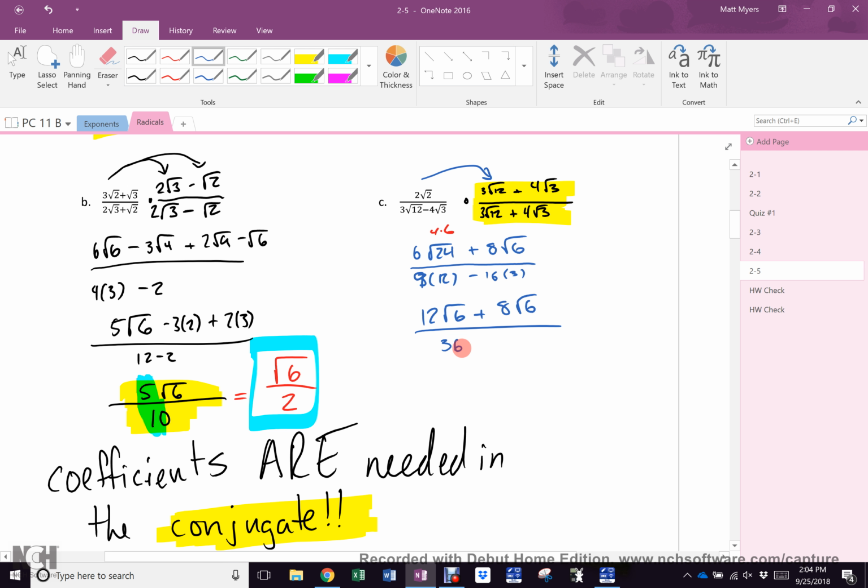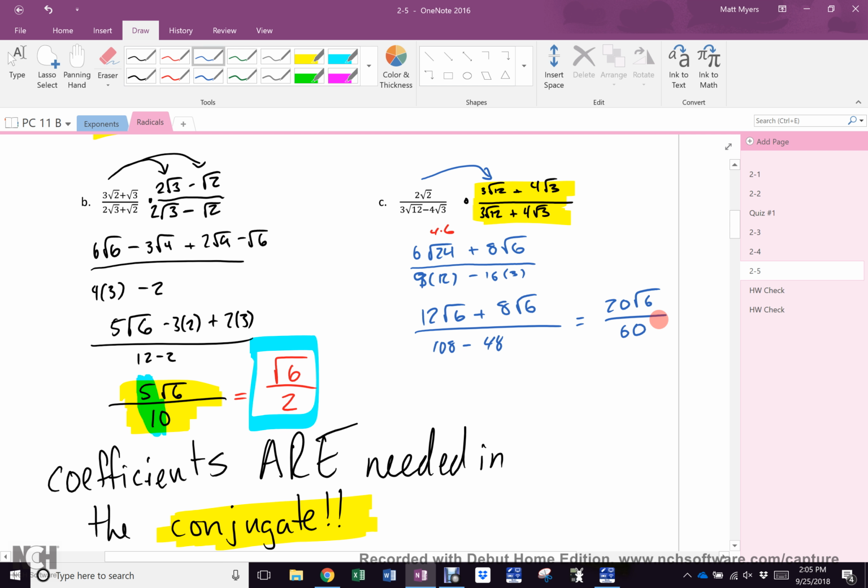That 12 times table's a monster, y'all. 108. Thank goodness for calculators. 108 minus, what's 16 times 3? 48. What is 12 root 6s plus 8 root 6s? 20 root 6s over, what's 108 minus 48?